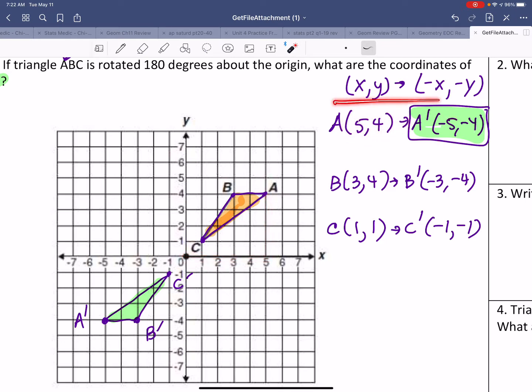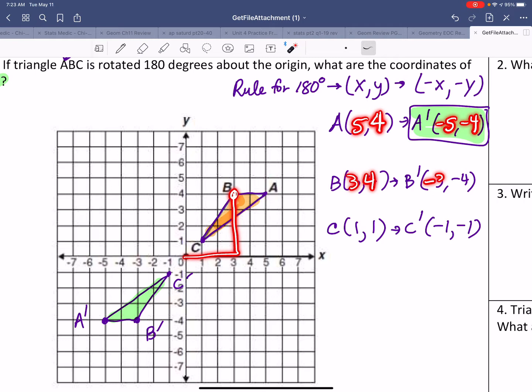So we could go straight to the rule for 180-degree rotation as just changing the sign. So a +5 would now be a -5. A +4 would now be a -4. B, 3, 4, would now be -3, -4. And 1, 1 for C would be -1, -1.